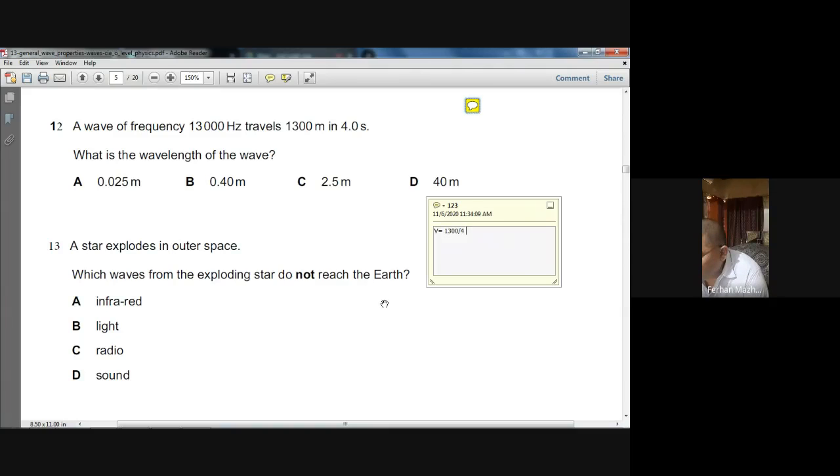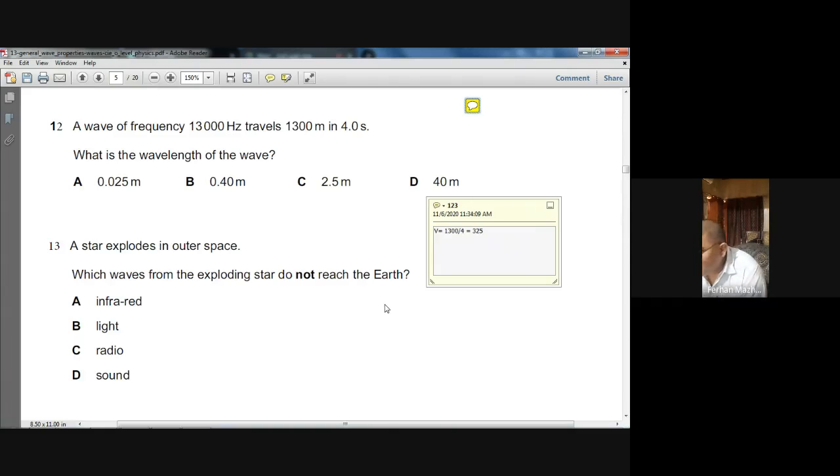And the answer will be, let me do it on the calculator. So it's 1300 divided by 4. So the velocity is 325. And you know V is equal to F lambda.